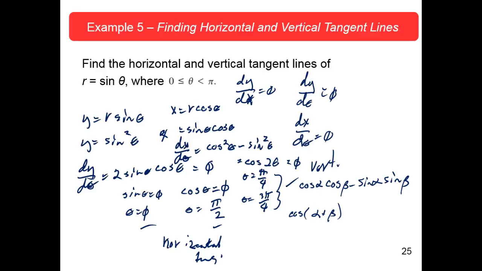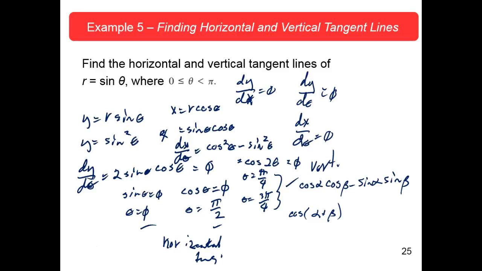Okay, I think we're all right. Except that the problem says found the horizontal and vertical tangent lines. Oh, tangent lines. They didn't say the positions for the tangent.